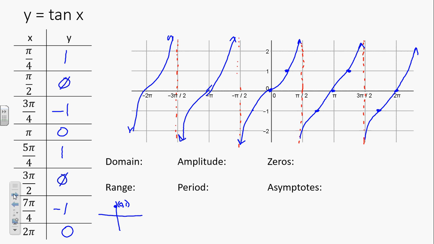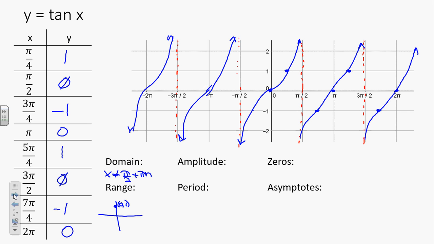What's our domain? Good. Well, pi over 2. Now, pi over 2 times 2 would get us a pi. We're okay with a pi, right? Just not pi over 2. So it's every pi n from there. So plus pi n.